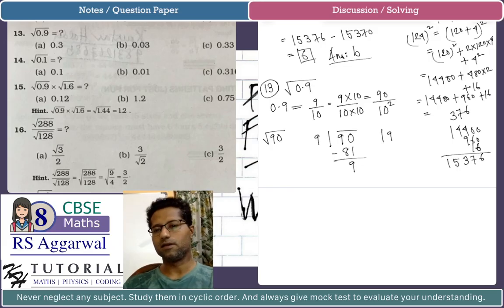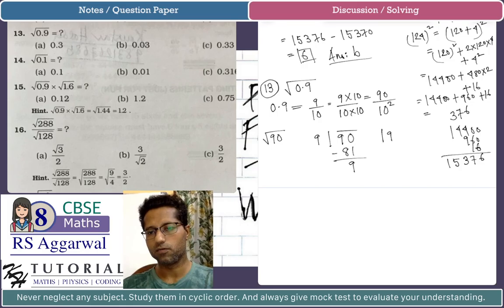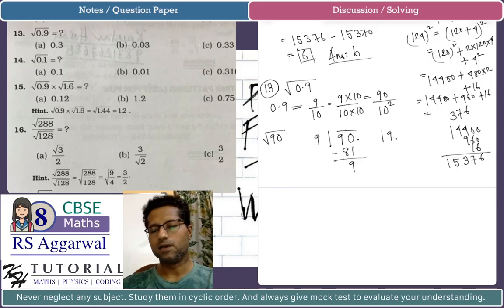And since there are no more periods, we have to put a decimal point in the quotient as well as in the given number, and we will add one period of zeros, and we will bring down that period next.